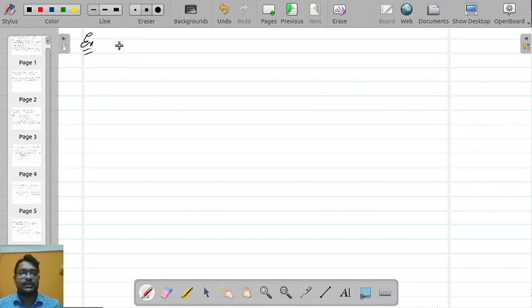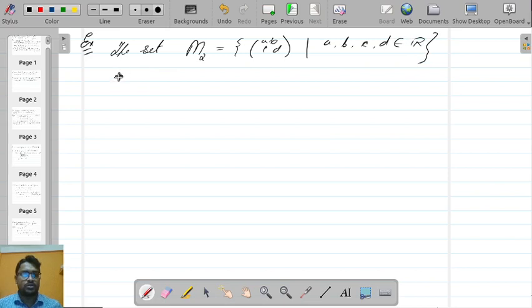Let M2 be the set of matrices [a b; c d] such that a, b, c, d belong to R, the set of 2 by 2 matrices.